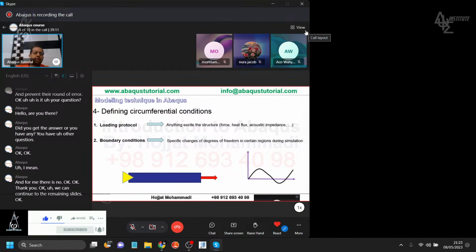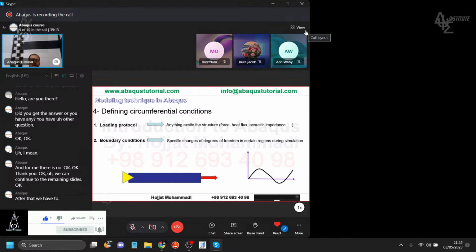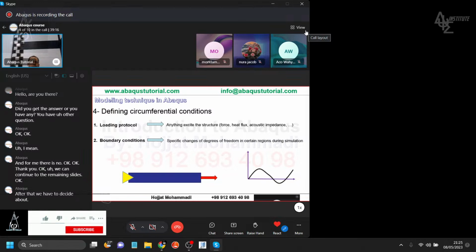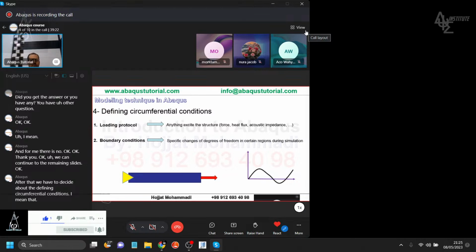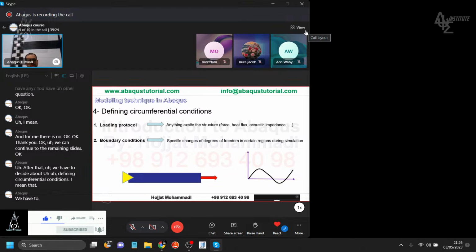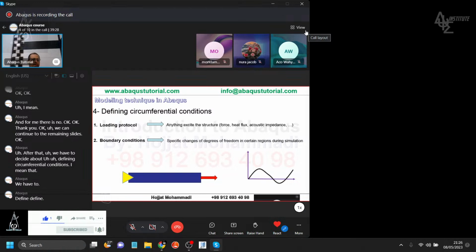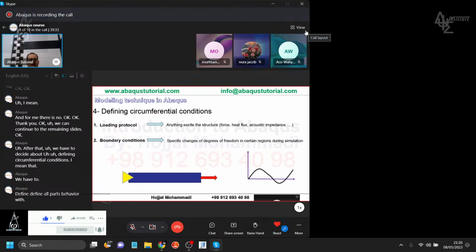After that, we have to decide about defining circumferential conditions. I mean that we have to define our part's behavior with the other parts.